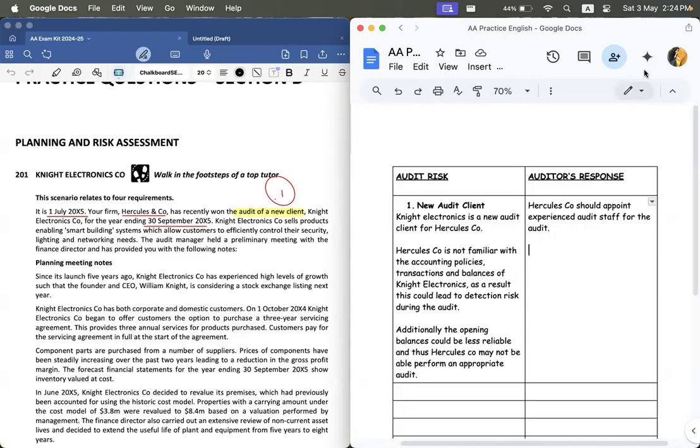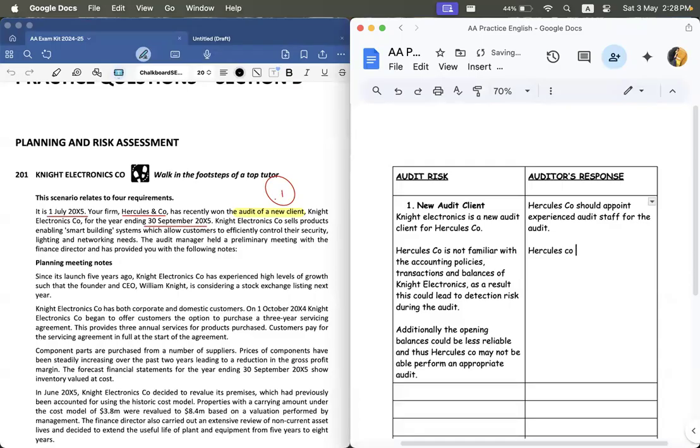Since it is an unfamiliar company, the logic is simple. We need more time to understand them, right? We need more time in order to detect all the possible material misstatements, right? So that is the next response. We need more time. Understood? So we are going to write it down.